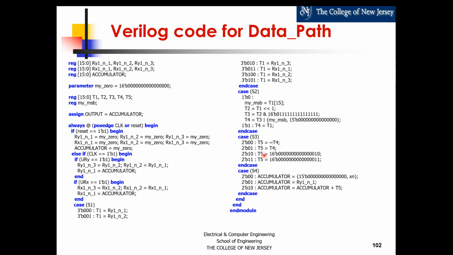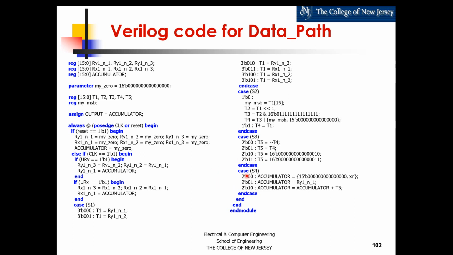Then the next block, if you recall, I was doing the ones complement, so that's easy enough. That's just inverting the output of this case, which is P4, or passing, or generating the constant 2, or generating the constant 3.